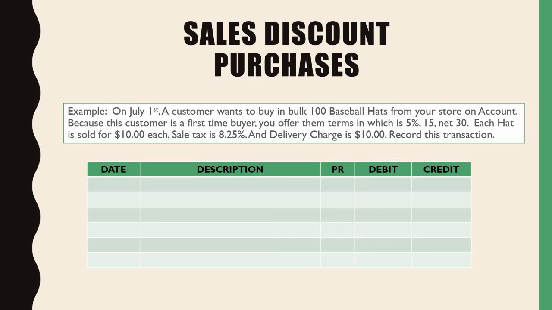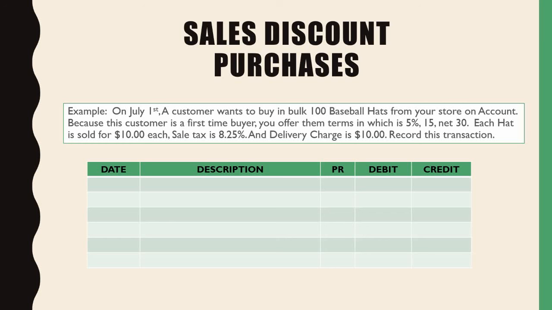That is a way to basically encourage your customers to pay you back on time, okay? So again, terms is a condition. With terms, you must meet a condition in order to get a discount.